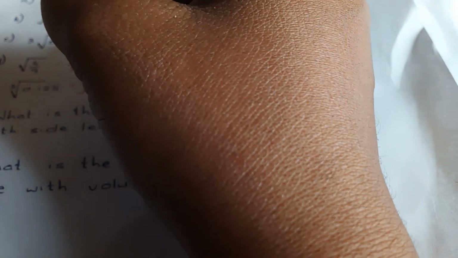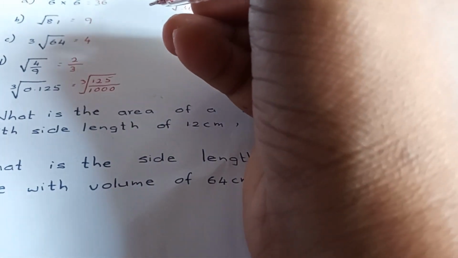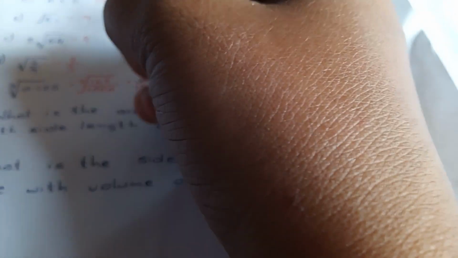Cube root. So what's the cube root of 125? It's 5 times 5 times 5. So cube root of 125 is 5. What's the cube root of 1000? Cube root of 1000 is 10. So 5 over 10.